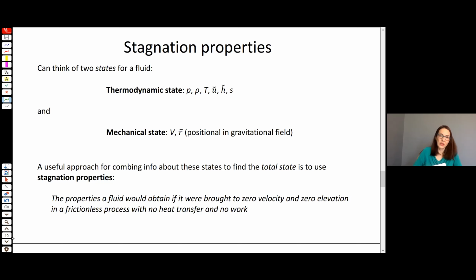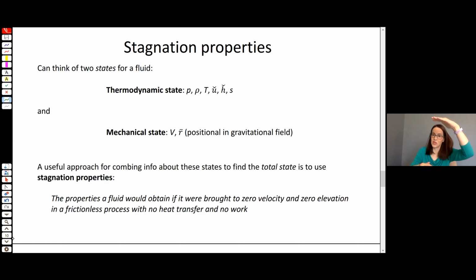In general, you can think of a fluid as having two types of states. It's got its thermodynamic state: what are the values of all of its thermodynamic variables? We've listed here the pressure, density, temperature, internal energy, enthalpy and entropy. And then what we deal with more, at least in this class, is the mechanical state of our fluid system: what velocity is it moving at, and where is it positioned in a gravitational field?